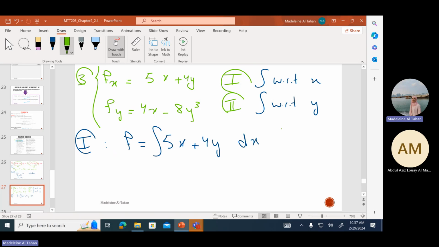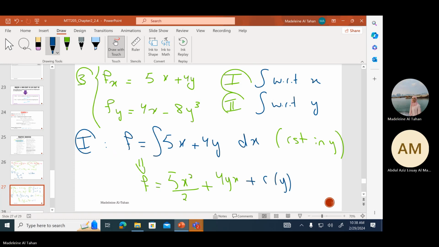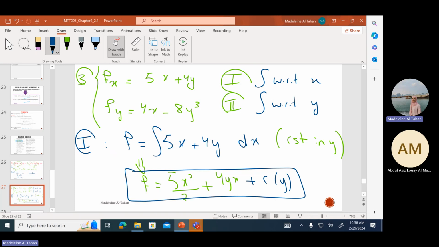So here we will put a note: constant in y. Right, miss? It will be 5x squared over 2 plus 4yx plus a constant in y. So this is F, the first F. We will put it in a box. This one, are you okay with it, miss?